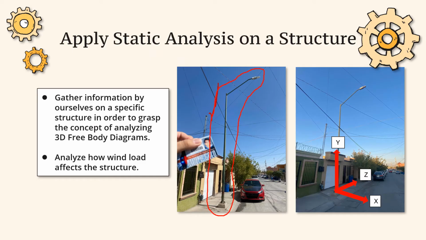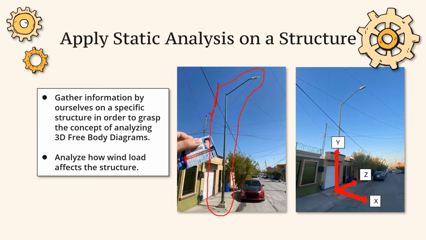So the main purpose of this static project is for us UTEP students to learn how to apply static analysis on a structure, how to conduct a 3D free body diagram and understand the forces that are acting on it, as well as the moments, and to analyze how wind loads affect this structure.